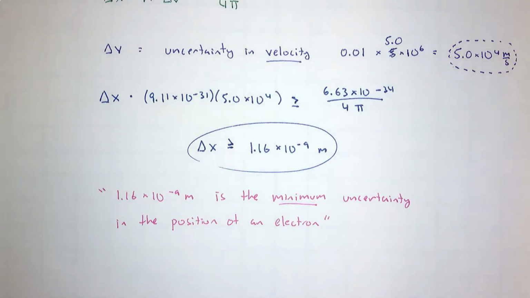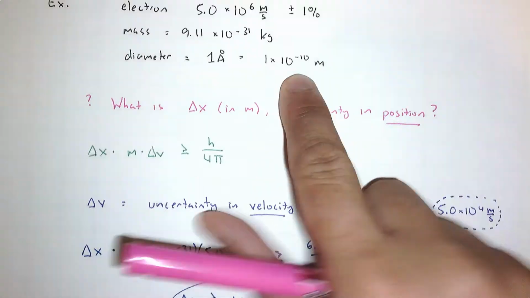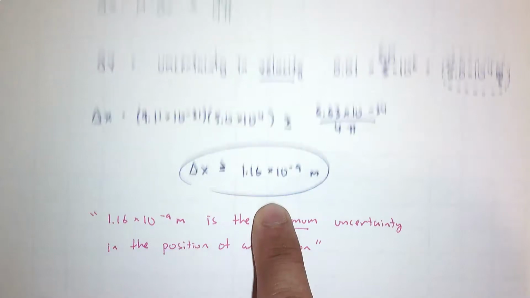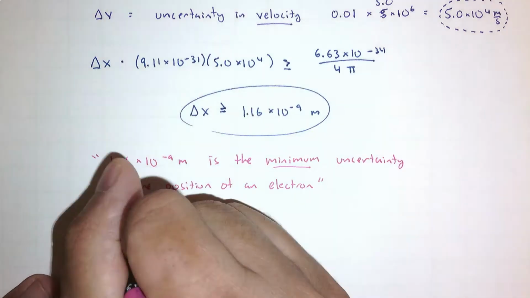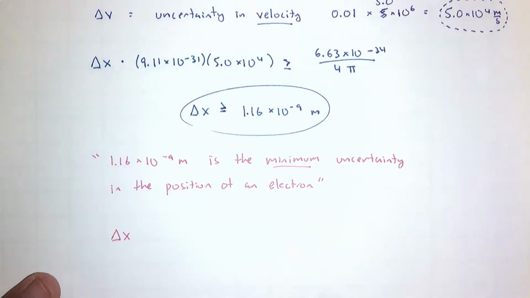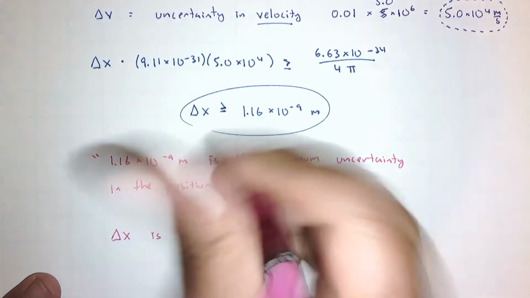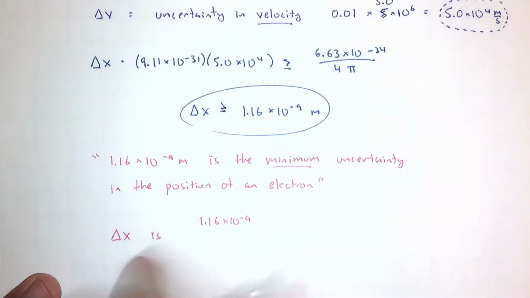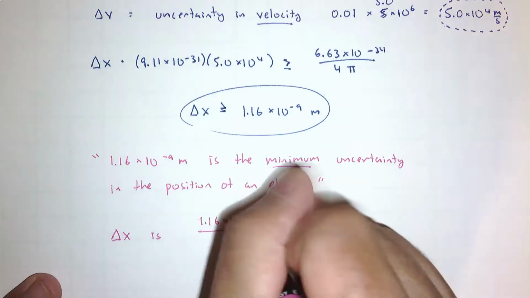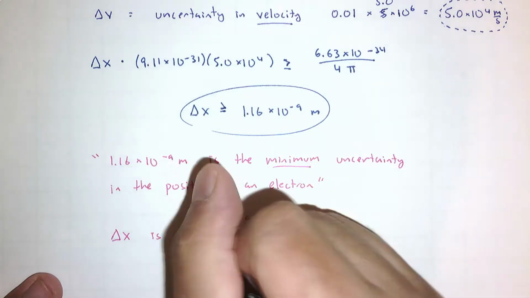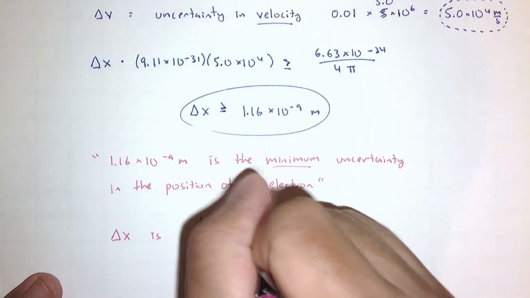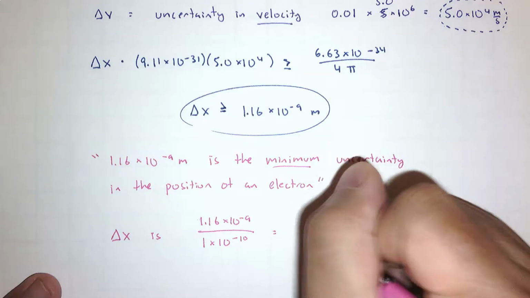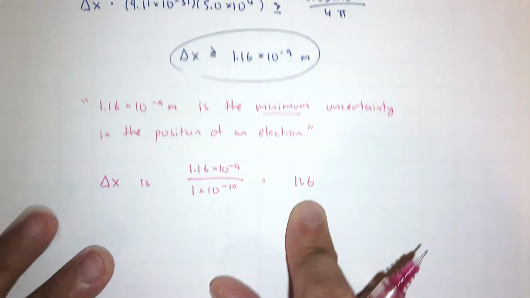But look at the diameter. The diameter is smaller than the uncertainty. And what we want to say is that, let's take the ratio then. The uncertainty is, we take our number that we calculated for the uncertainty of delta x over the diameter, some dimension of the particle, equals. And this is 11.6. So what does that 11.6 mean?